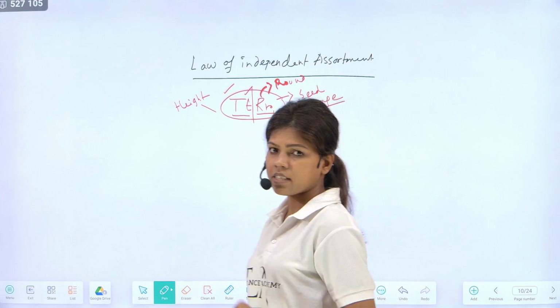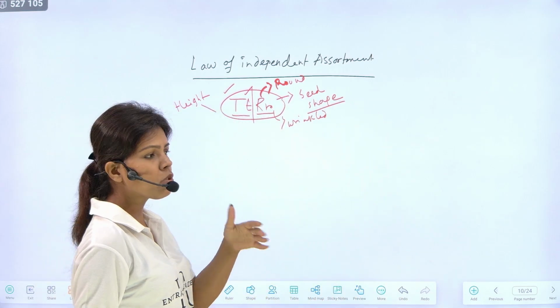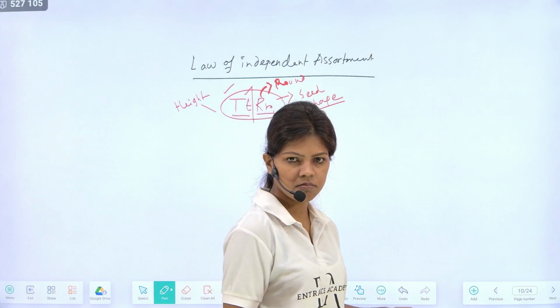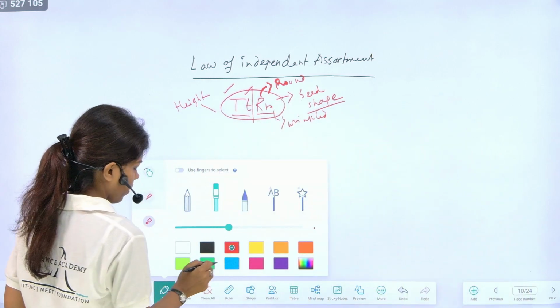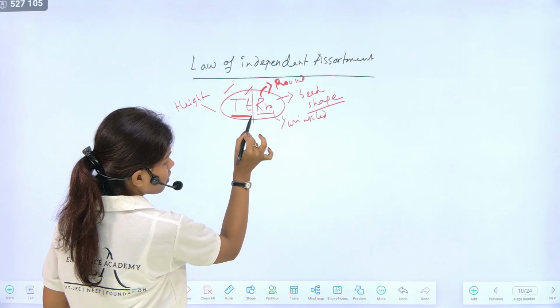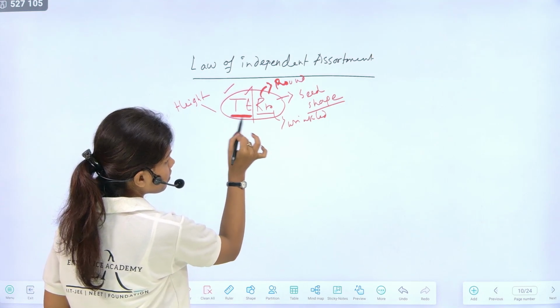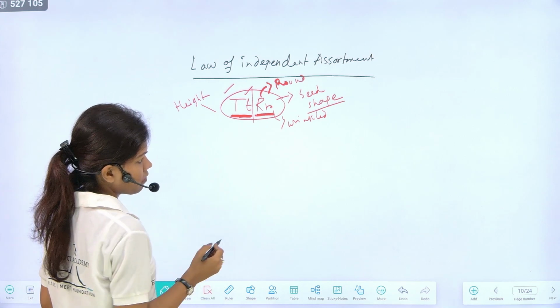So it's a heterozygous condition. When gametes form, we know that alleles will be segregated. One pair of alleles is there for this character, and one pair of alleles is there for the second character.